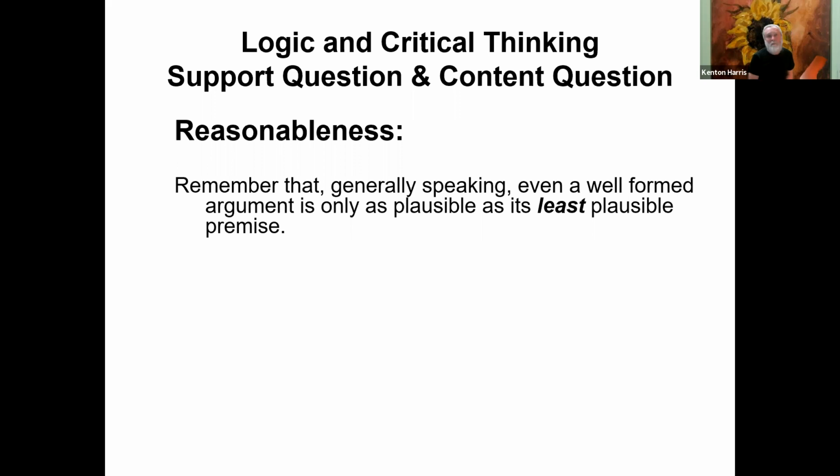So notice, let's say my premise one has a 75% chance of being true, but a 25% chance of being false. And premise two has a 75% chance of being true, but a 25% chance of being false. Well, then my conclusion really only has a 50% chance of being true, right?